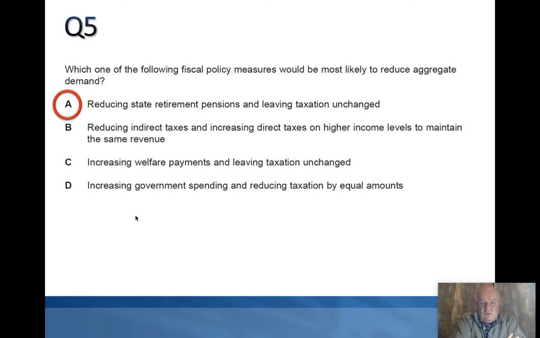If we're talking about fiscal policies that would most likely reduce aggregate demand, reducing state retirement pensions and leaving taxation unchanged would clearly be a way of doing that. Some of the other options would actually stimulate demand rather than reduce it.